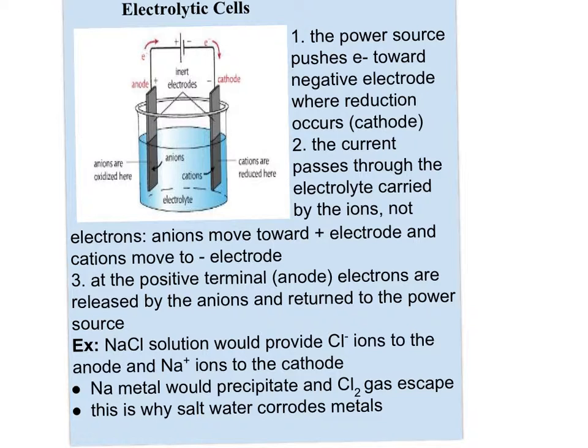Remember, we said earlier the anode is where oxidation always takes place, and in the voltaic cell, it's at the negative terminal. In this case, it's at the positive terminal because the anions get oxidized at the positive terminal. So an NaCl solution would provide chloride ions to the anode and sodium ions to the cathode, and you'd end up with sodium metal precipitating out and Cl2 gas being produced and possibly escaping.